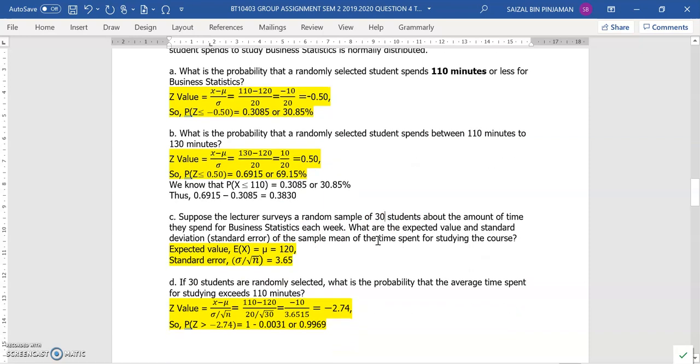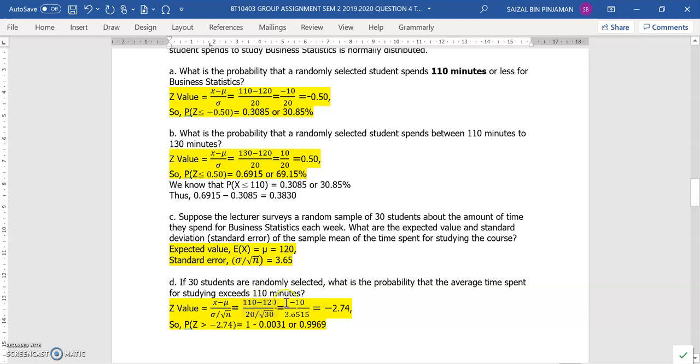When you are given the sample size and you are required to identify the probability for a specific X value, then you have to divide the standard deviation by the square root of the sample size, because you are estimating the probability for a normal distribution based on a sampling process.